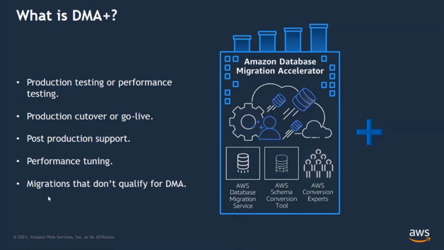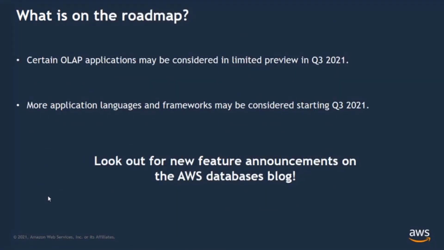So the last thing we're going to cover today is what's on the roadmap. And this is maybe a little bit strange because we don't tend to talk a lot about roadmaps in public presentations, but I'll let Mac just give the last few points on it as to what's coming up in the product. Yeah, as I mentioned earlier, we started with relational workloads, and we want to support analytics workloads. That's been in limited preview in Q3 of this year.